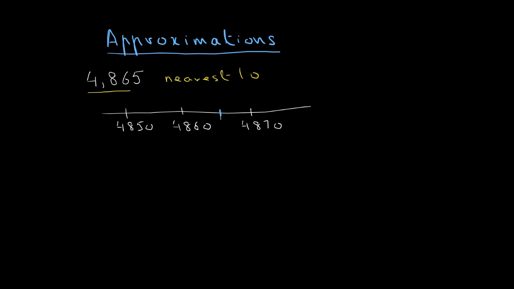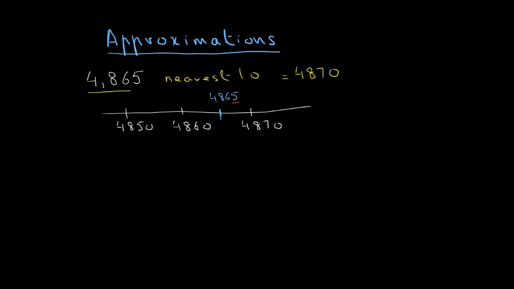This is supposed to be in the middle. This is 4865. It's 5 units away from 4870 and also 5 units away from 4860. So we have a convention that when you're in the middle, if the last digit is 5, then we're going to round up, and the number is going to be equal to 4870.